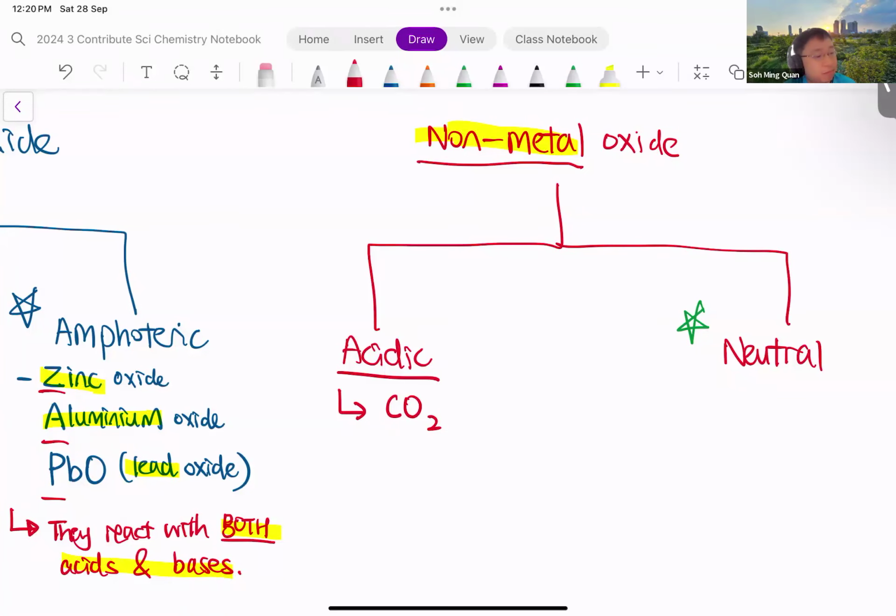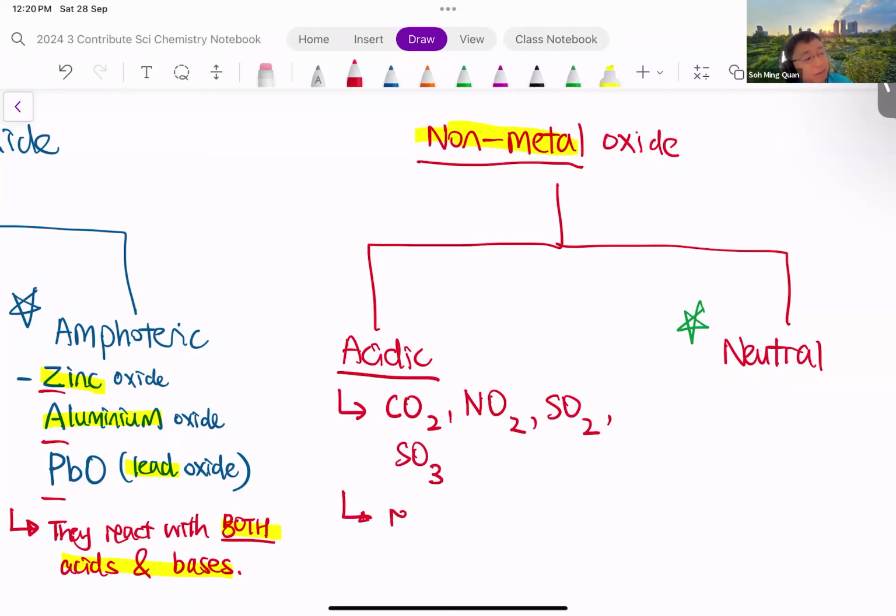It's acidic. NO2, acidic. Nitrogen is also a non-metal. SO2, acidic, because sulfur is a non-metal. SO3, also acidic, because sulfur is a non-metal. So basically, the majority of non-metals form acidic oxides.